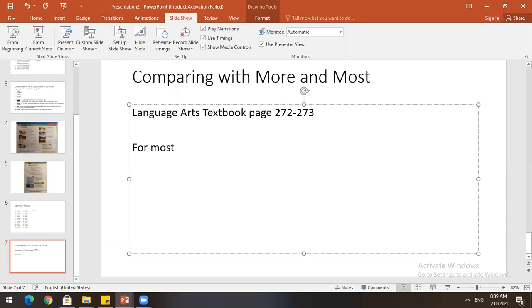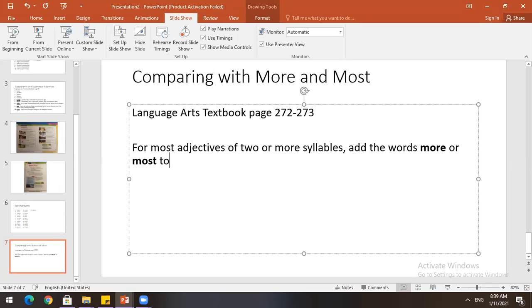Rules. Use more or most to compare with adjectives that have two or more syllables. Use more to compare two nouns or pronouns. Use most to compare three or more people, places, things, and ideas. The San Diego Zoo is more colorful than the London Zoo.